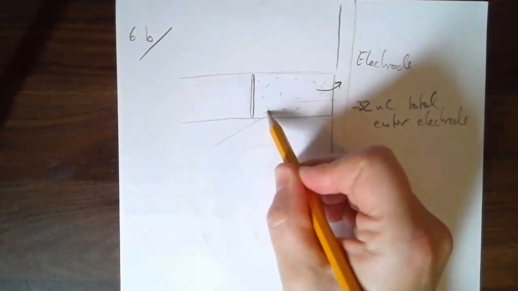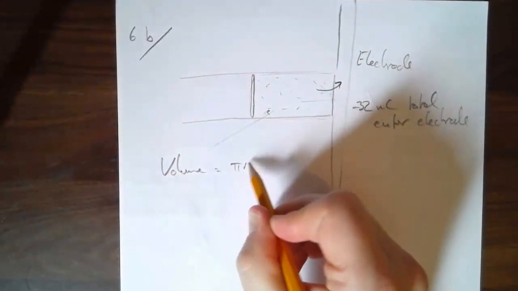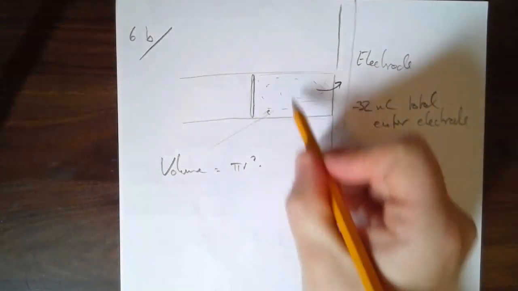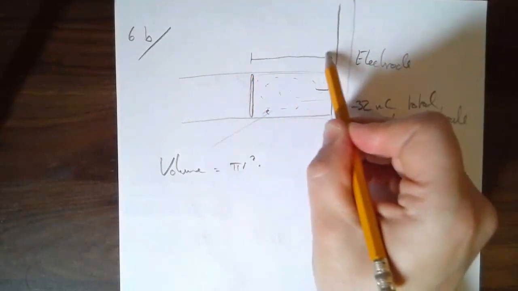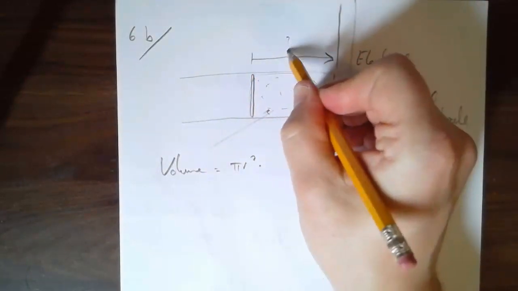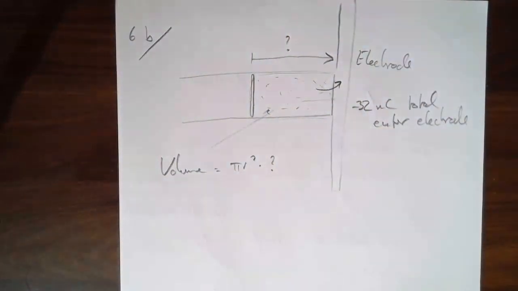The volume of this thing is going to be pi r squared times the length. That's the distance of drift. We don't know what it is, so there will be a question mark here. It's my variable.